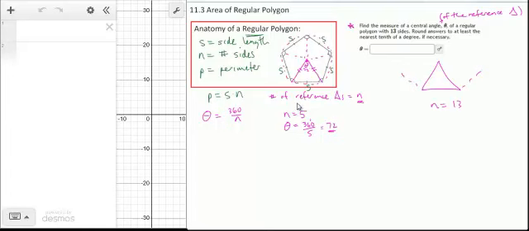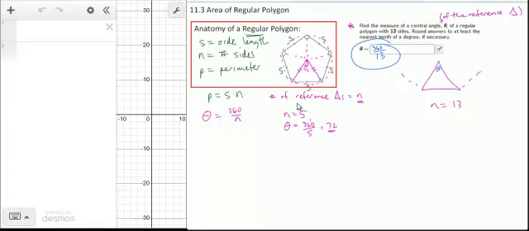So if I sketch something like this, it means you have a regular polygon with 13 sides. That tells you the angle measure of our reference triangle is 360 divided by 13. That's all you would have to do to find that reference angle.